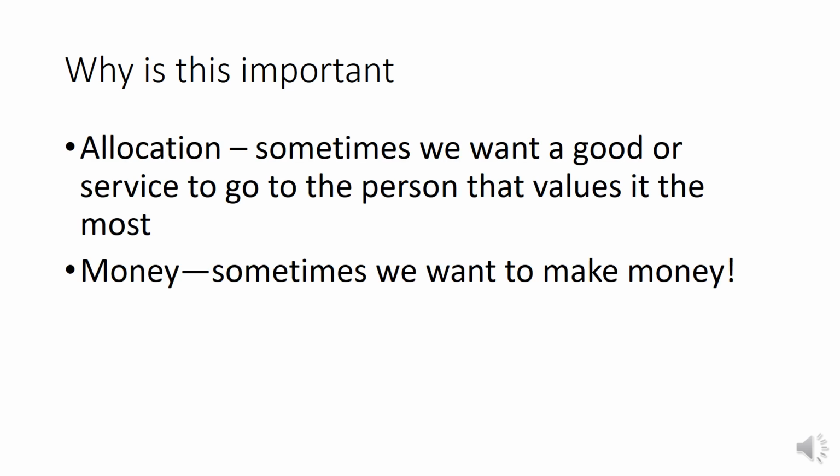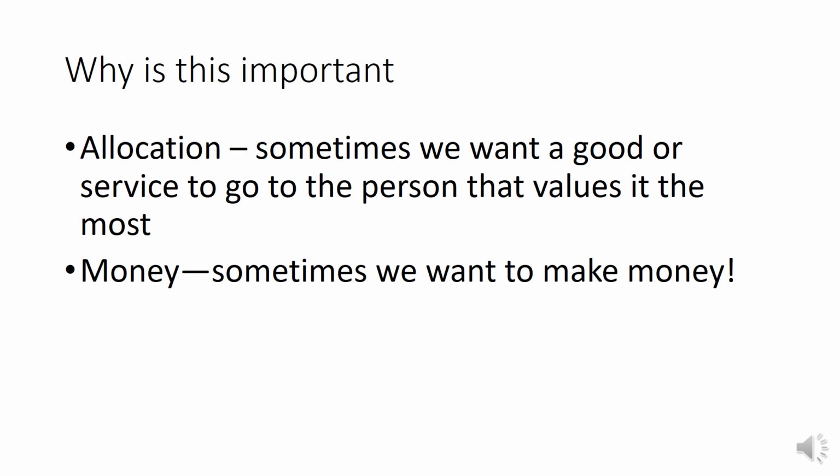But the reason auction theory is important is twofold. One, allocation. Sometimes we want a good or a service to go to the person that values it the most. We can think of a situation right now where we might be auctioning off vaccines. We can also think of situations where, in the case of vaccines, auctioning it off to the highest bidder might be socially problematic.